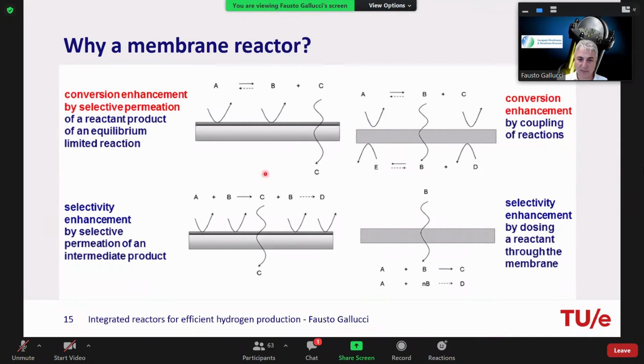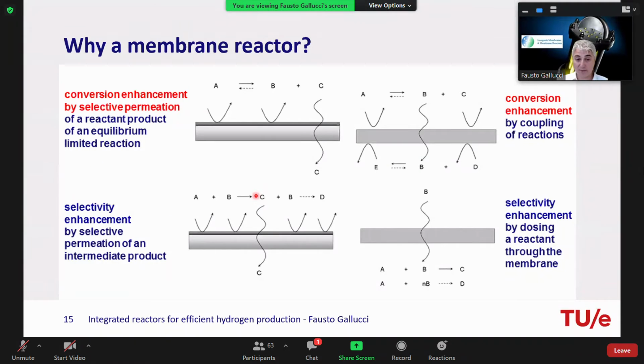Another way to use a membrane reactor or an integrated reactor is when you have a problem of selectivity. Imagine, for example, that you have a series of reactions and your component of interest is an intermediate.